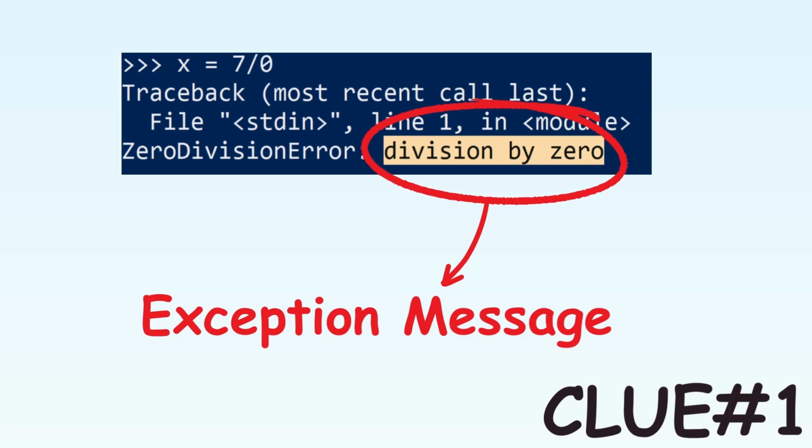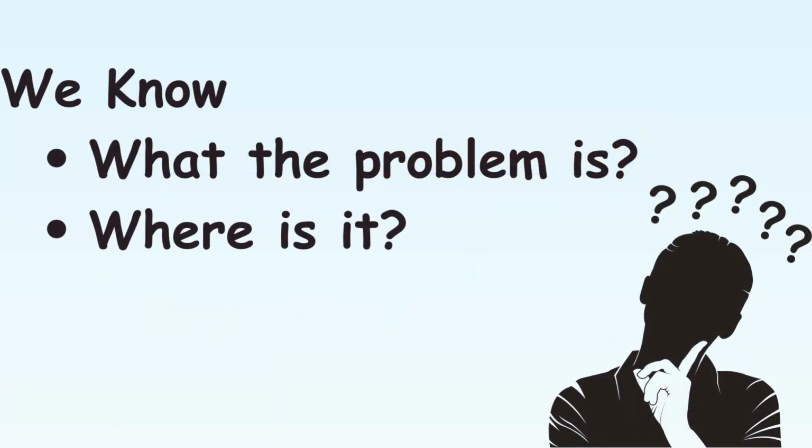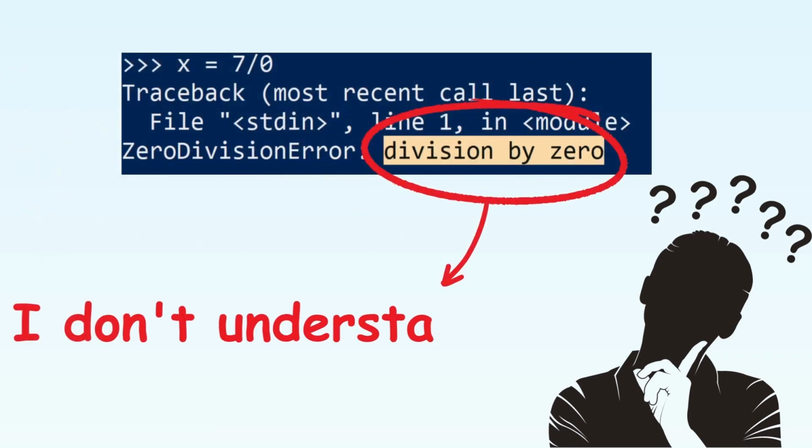Maybe our original intention was to divide 7 by 10, but by mistake we divided 7 by 0. Now that we have read this exception message, we know exactly what the problem is, and all we need to know is where the problem is in order to fix it. But what if we don't understand what the problem is yet?